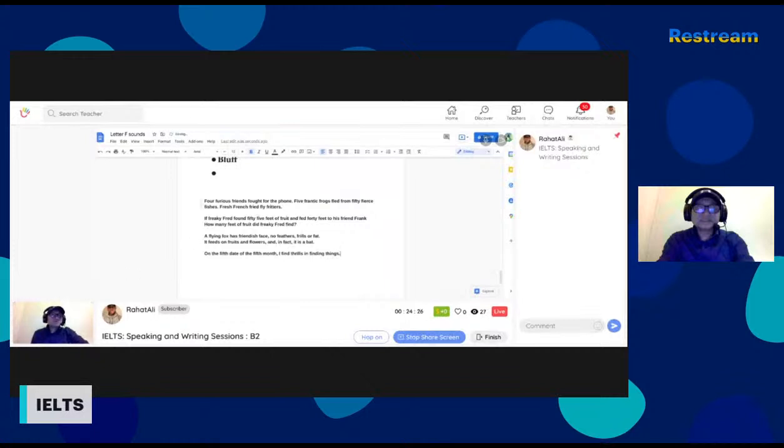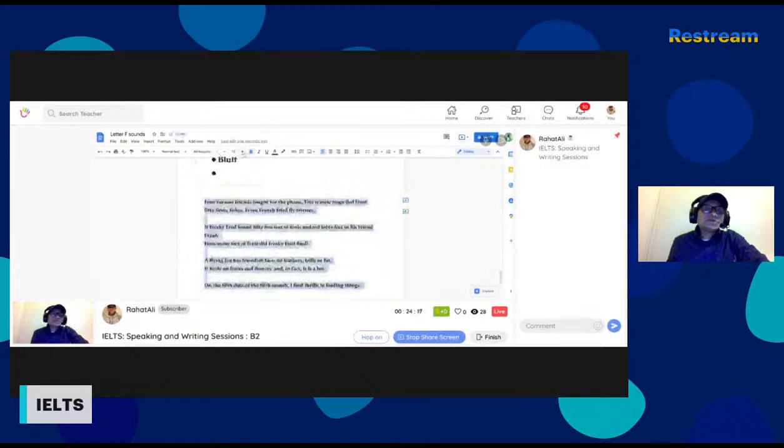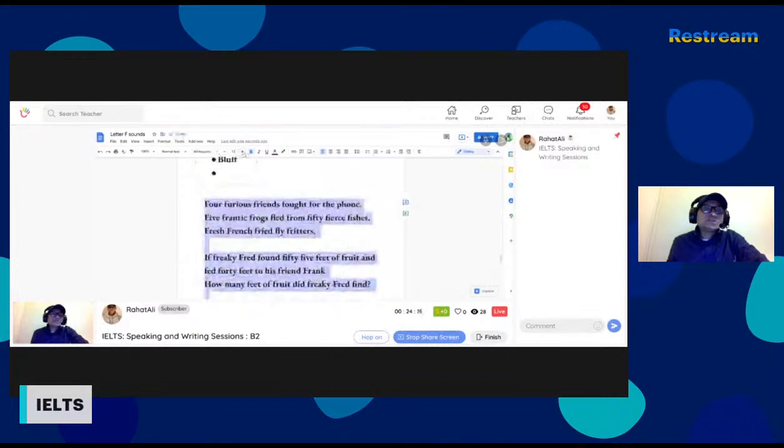Okay, these are the common tongue twisters on F. Let me make it a little bit bigger so that it can be understood and read well.